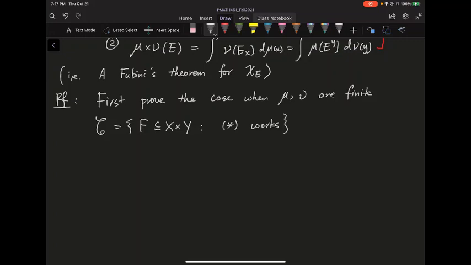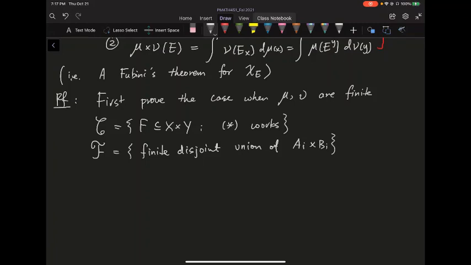How I'm going to do that is, first of all, let's call F the collection of all finite disjoint unions of sets of the form A_i cross B_i, the boxes.